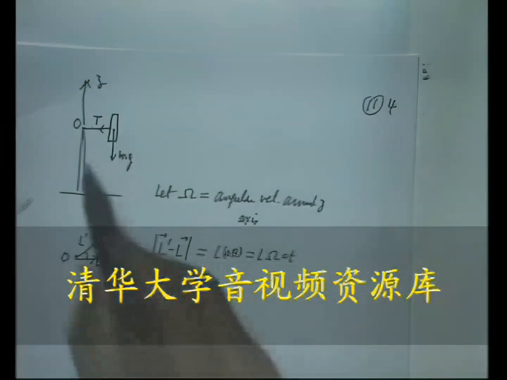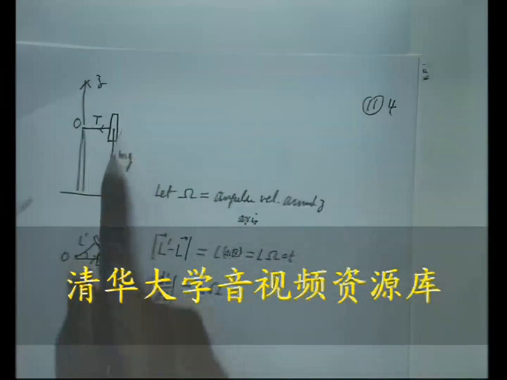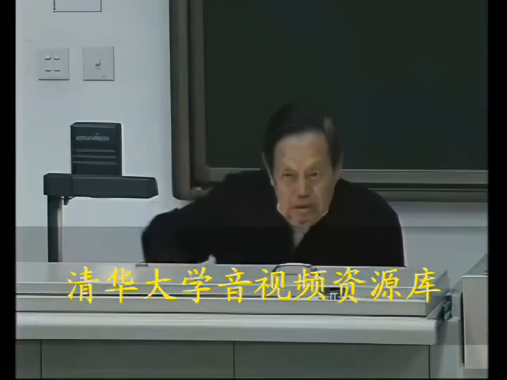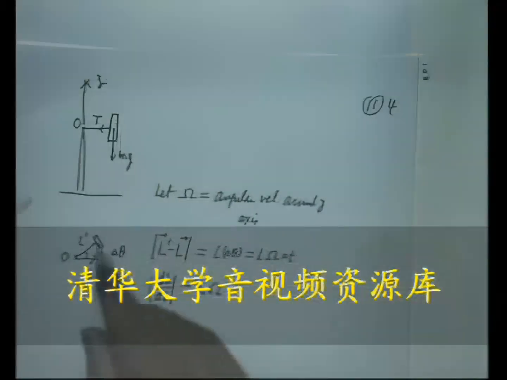But that force does not create a torque around O, because R is equal to 0 there. So the only torque is exerted by this mg. Now R is along this direction. Mg is downwards. So R cross mg goes here into the paper, and that means it's exactly in this direction.